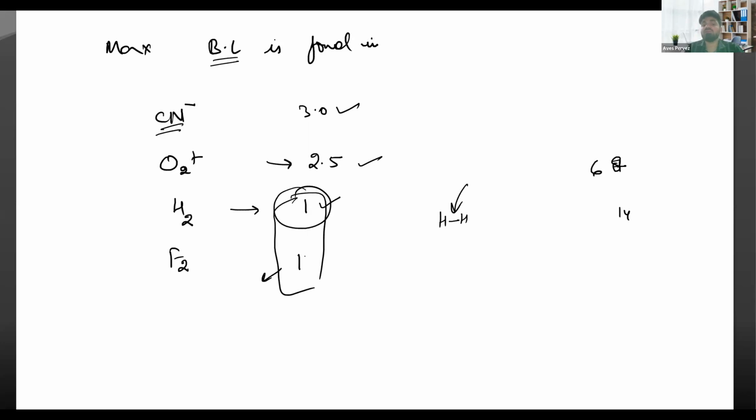It is going to have only 1s2, just 2 electrons. F2 is going to have one bond order, but as I have told you, if we have the same bond order, then we compare the anti-bonding electrons. F2 has more anti-bonding electrons, so it is less stable, and less stable means more bond length. So F2 is going to have more bond length.